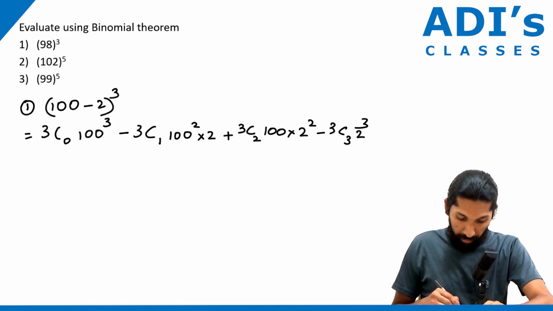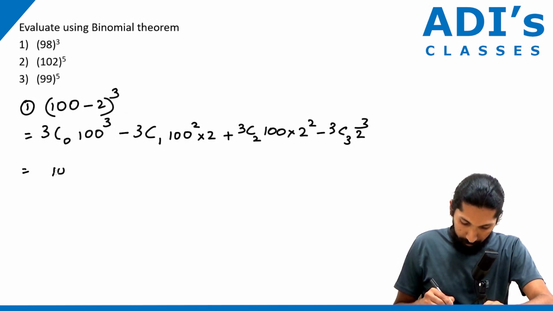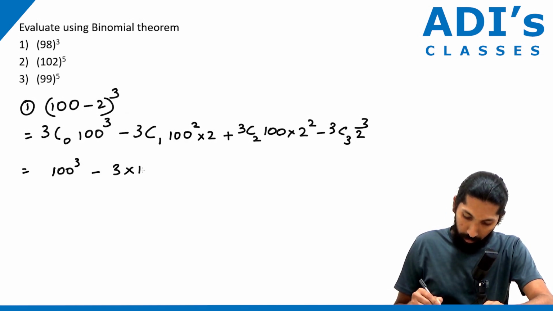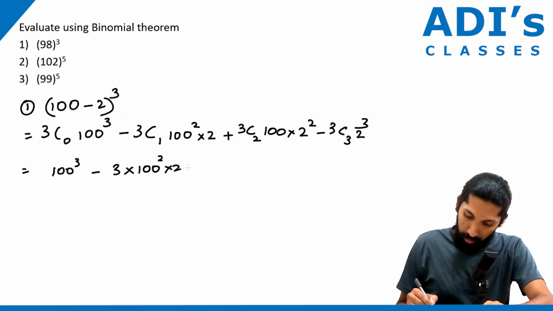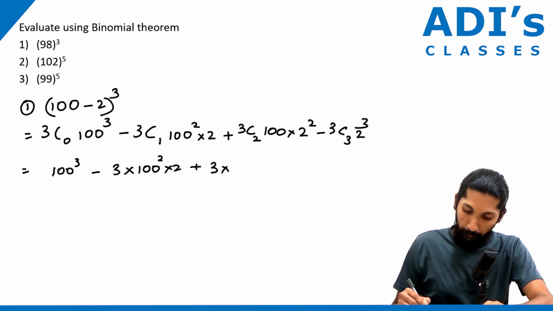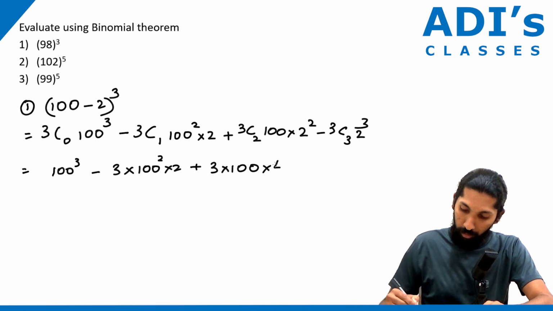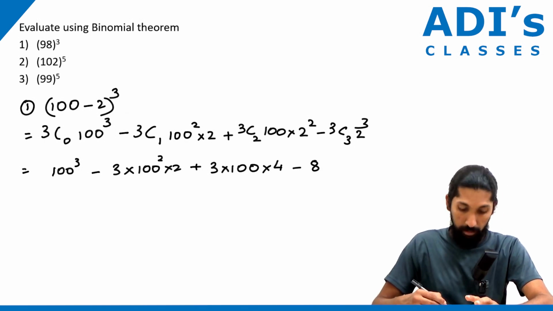Now expand. 100 cube minus 3 into 100 square into 2 plus 3 into 100 into 4 minus 8. Correct, this is the value.